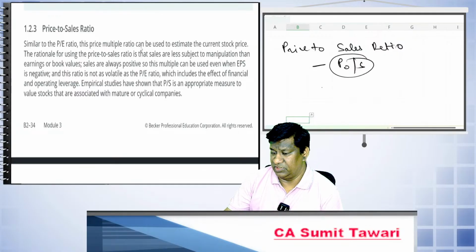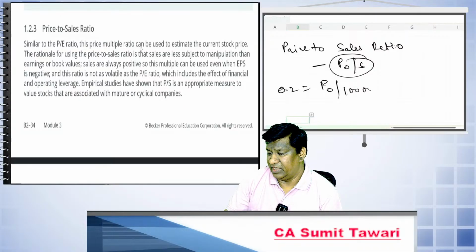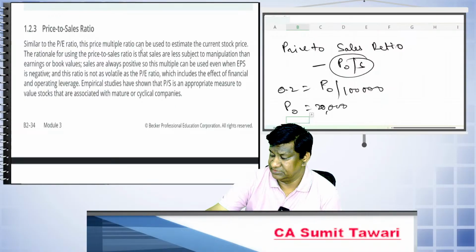Okay, so if your peer company has, say, 0.2 as a price to sales ratio, and they have sales of 1 lakh, so it is basically P0 equals 20,000, like this.